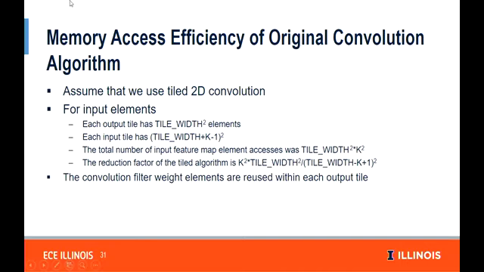When we use the tiled approach, the reduction factor of the algorithm is K squared times tile width squared divided by tile width minus K plus 1 squared. The convolution filter weights are essentially unimportant here because they're usually in the constant memory and will be fairly well cached.